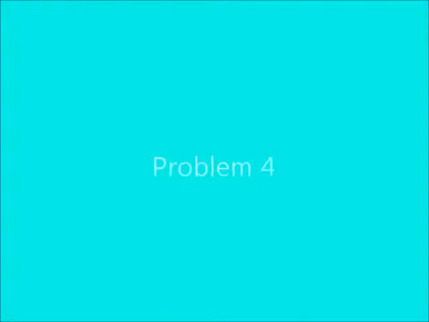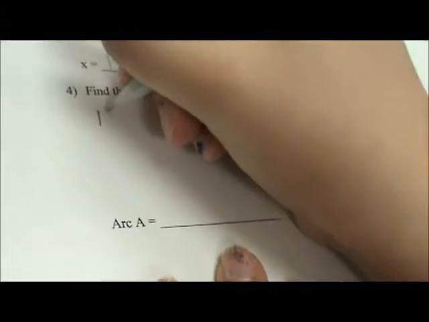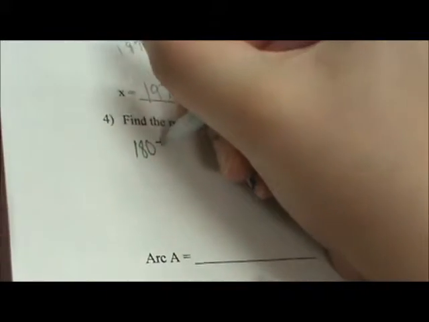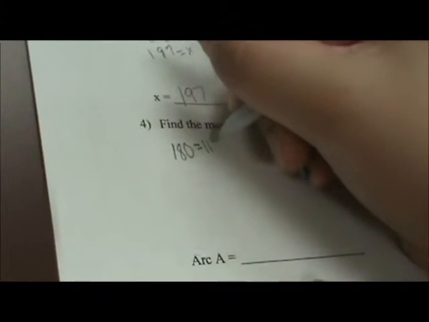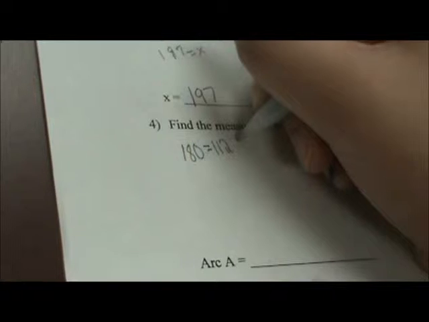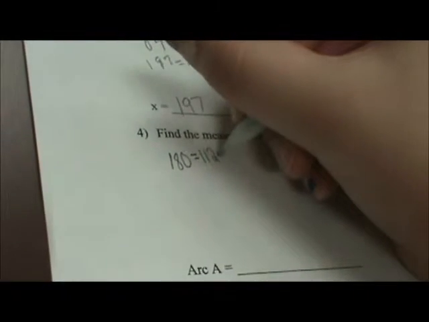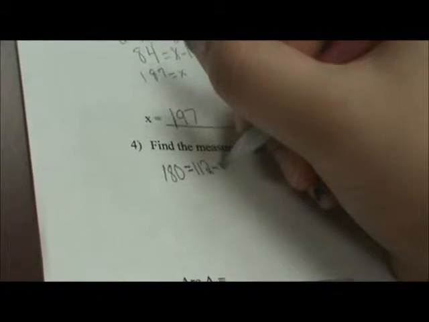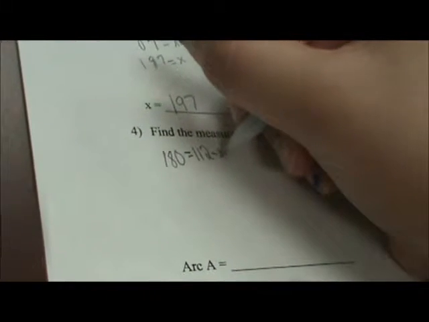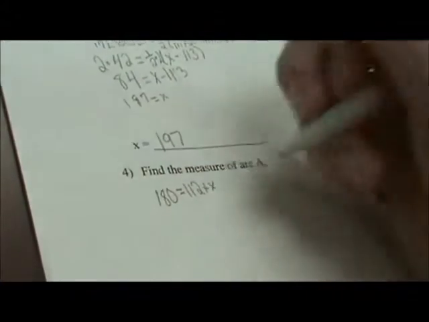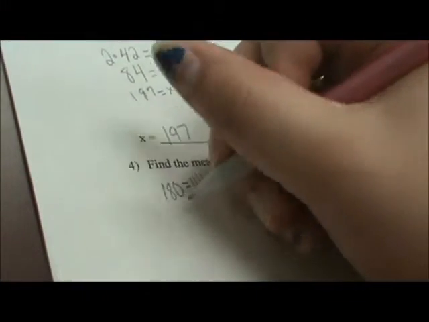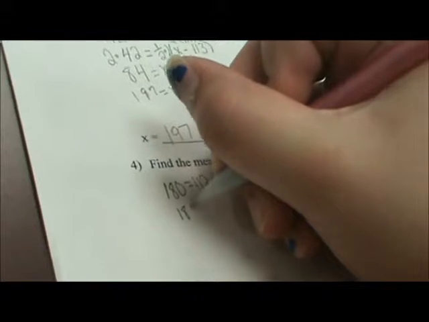Okay, we are now moving into problem 4. Well, we can tell that there is a supplementary angle, so we can say that 180 is equal to 112 plus x. We're trying to figure out x, so we need to subtract 112 from that side.